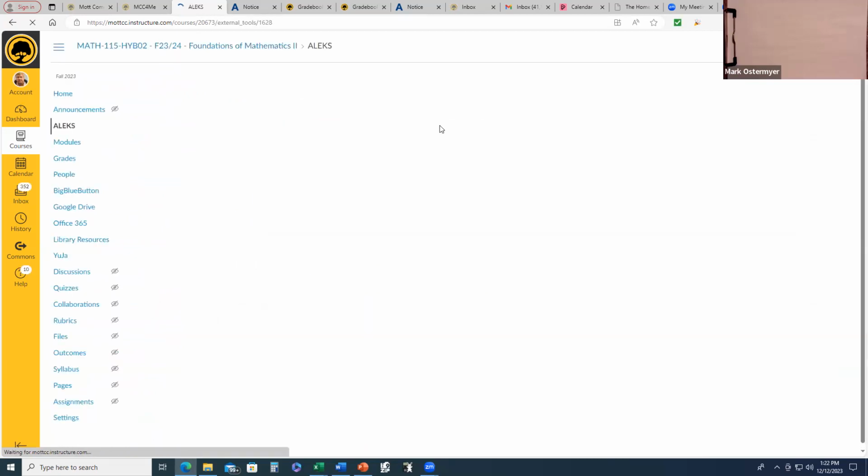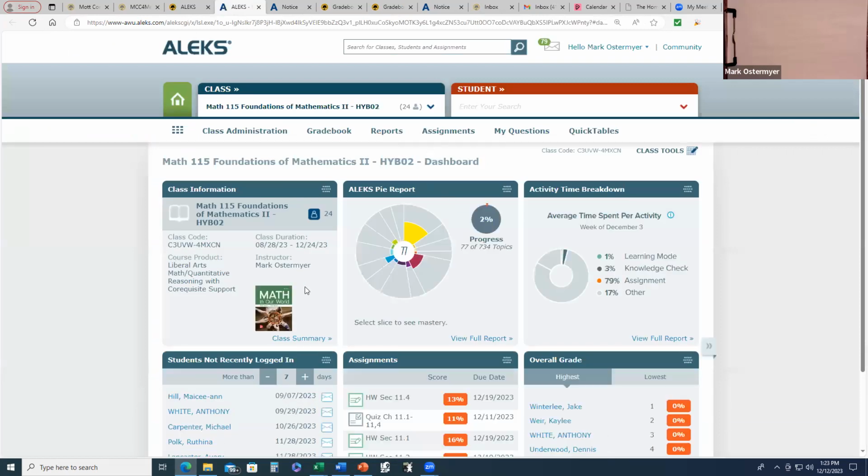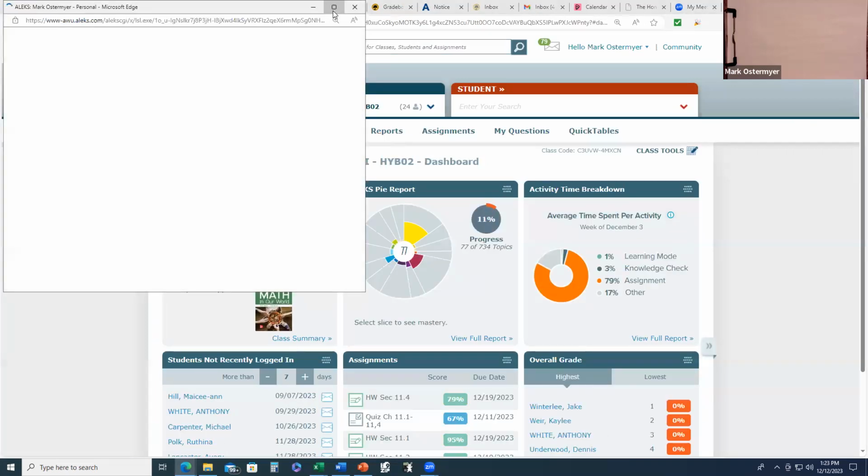And these problems will be coming out of 11.5. So we're looking at measures of position today.